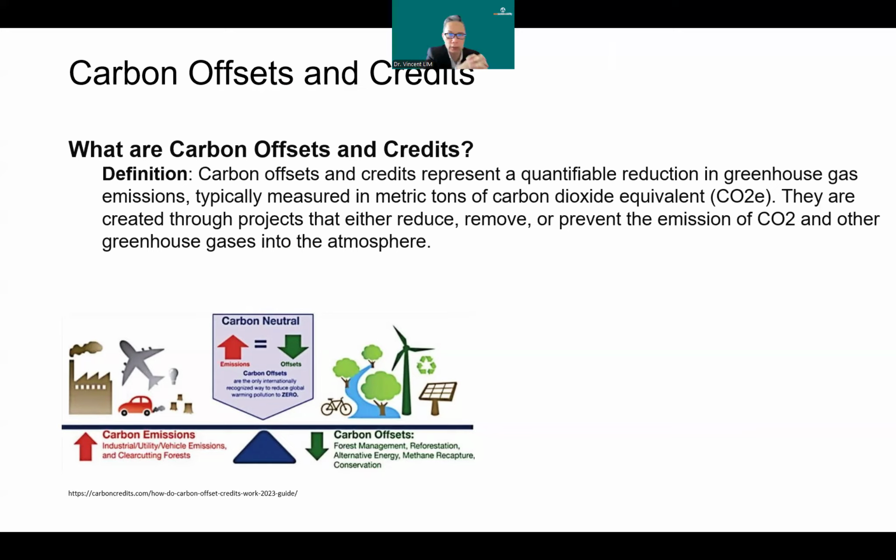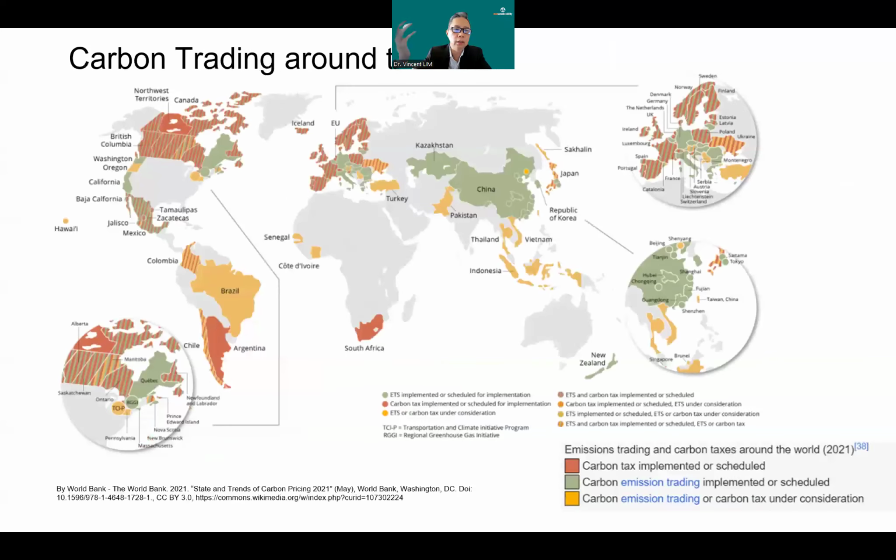Carbon dioxide equivalent, with the E at the back, means 258 greenhouse gases. So sometimes when we say carbon dioxide, it's not carbon dioxide, it's 258 gases, but it sounds easier, simplified. So it's basically the sequestration of carbon dioxide equivalent, and then you are rewarded with money for your effort.